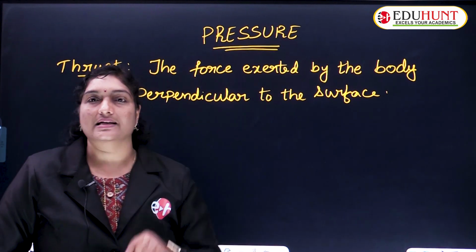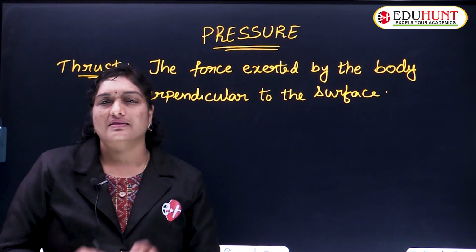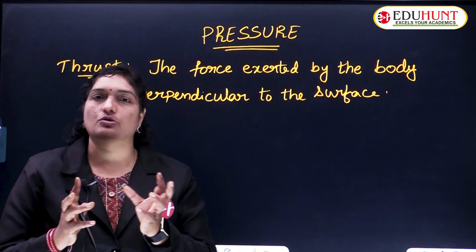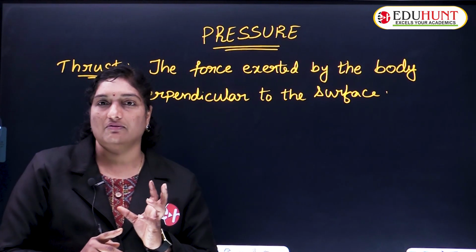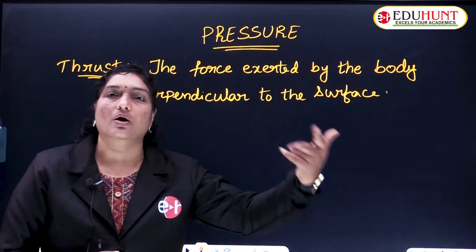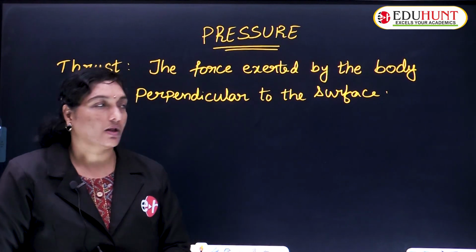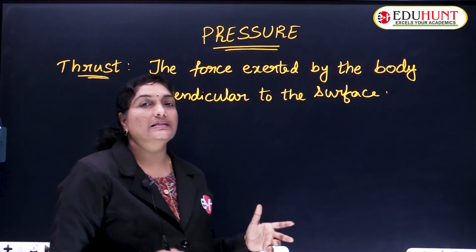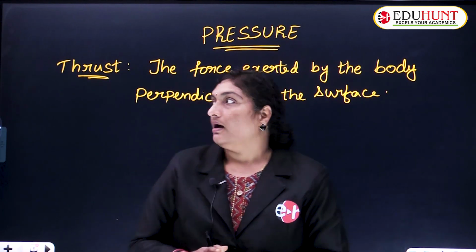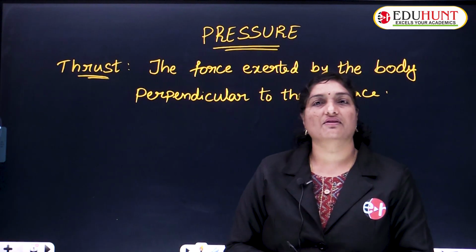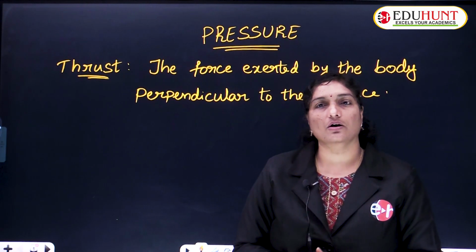Thrust is nothing but the force due to that particular body acting on the given surface. So the force exerted by the body perpendicular to the surface is simply called thrust.